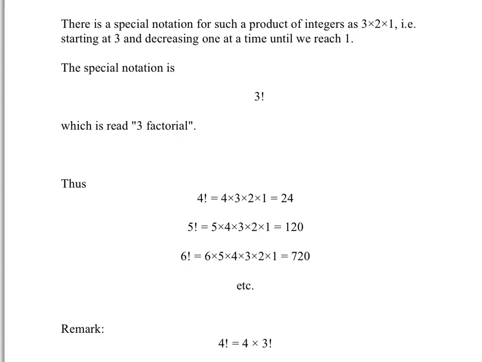But in fact, it is read 3 factorial. Thus, 4 factorial equals 4 times 3 times 2 times 1. That's just what 4 factorial means. When you compute that, it's 24. 5 factorial equals 5 times 4 times 3 times 2 times 1. When you compute that, that's 120. And we can keep going: 6 factorial, 7 factorial, etc.